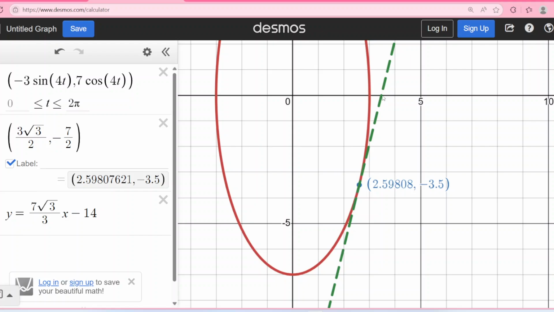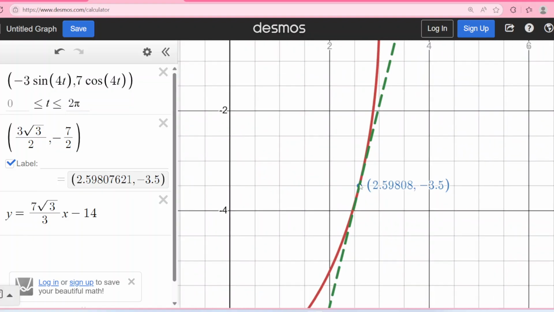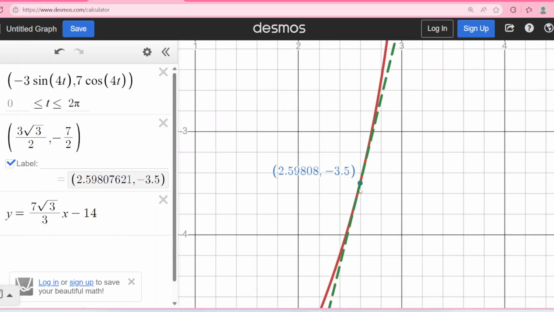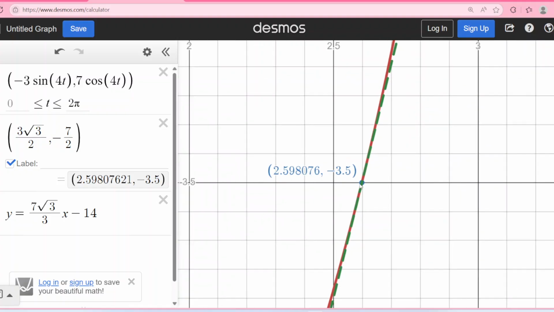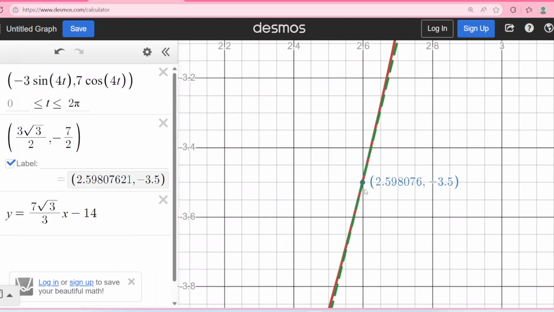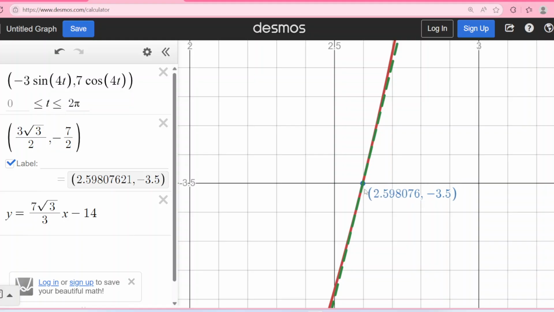But hopefully you can see, hopefully it's obvious that at this moment that's highlighted here on the curve, this green dotted line definitely points in the same direction that the curve is going in at that moment, right? And the closer you zoom into that point, the closer and closer the line and the curve look to being each other. They're basically the same. They're definitely pointing in the same direction at that moment. So we do have the correct tangent line.